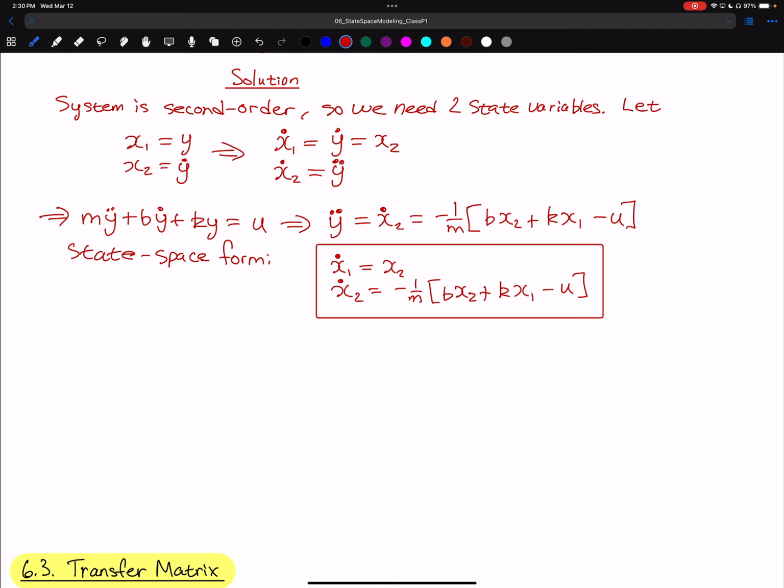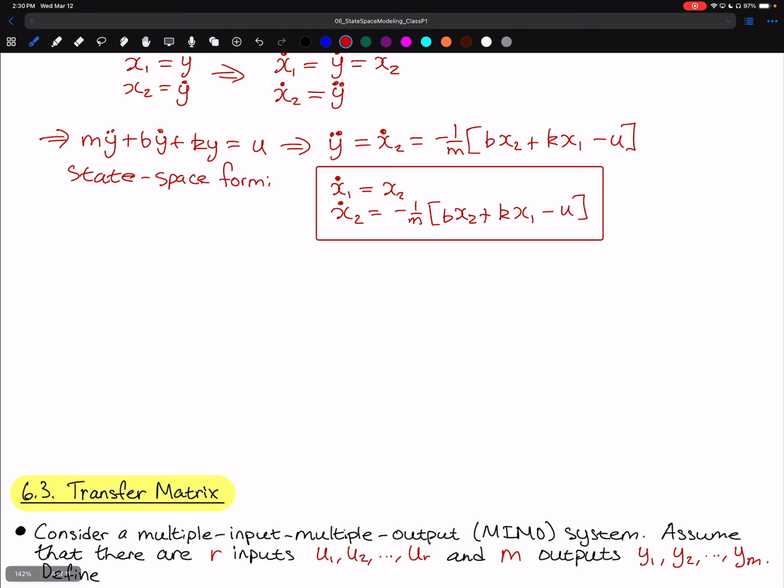Those are the state space equations, not in matrix form.